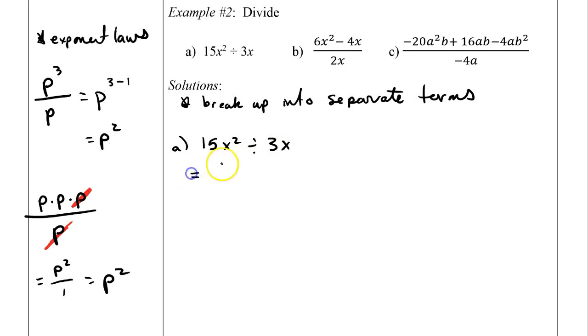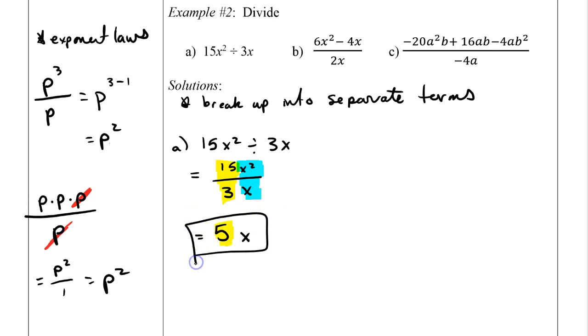So I would say 15x squared over 3x. 15 divided by 3 is just 5. Okay, so we do the numbery bits first. It's just 5. And then we can do the lettery bits. X squared divided by x is simply x. And that's that. Put a box around it.